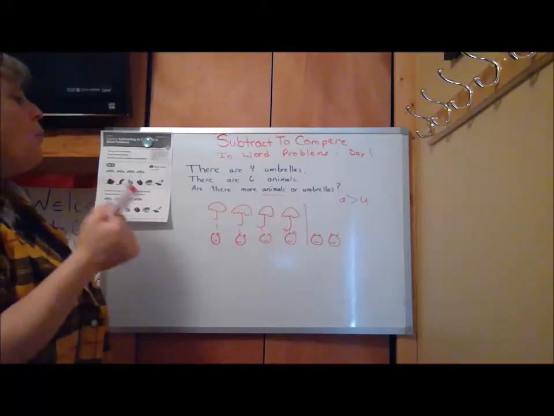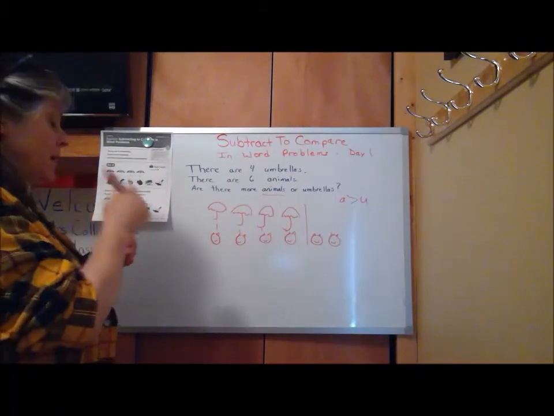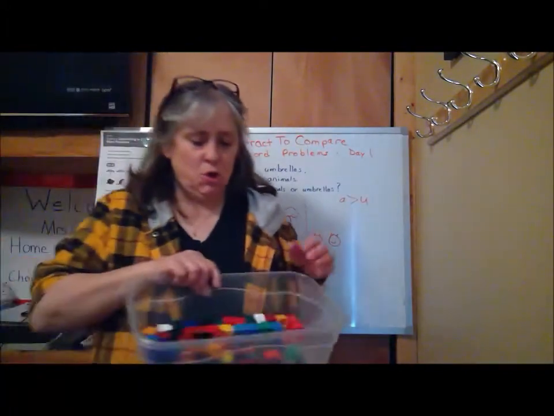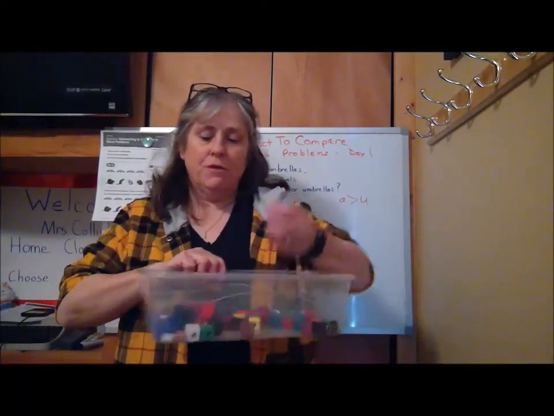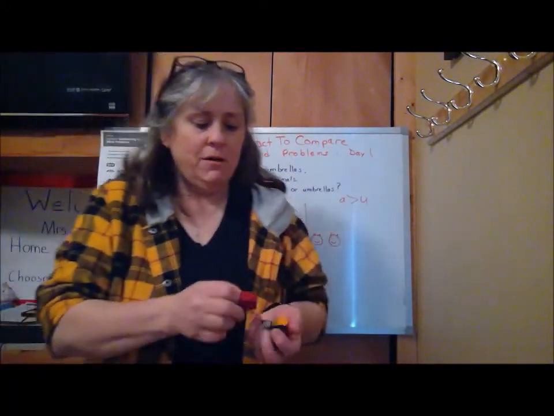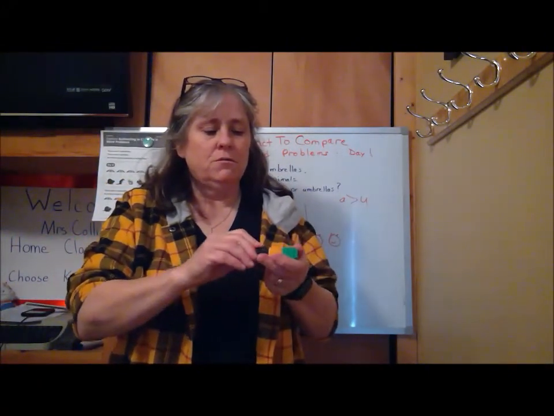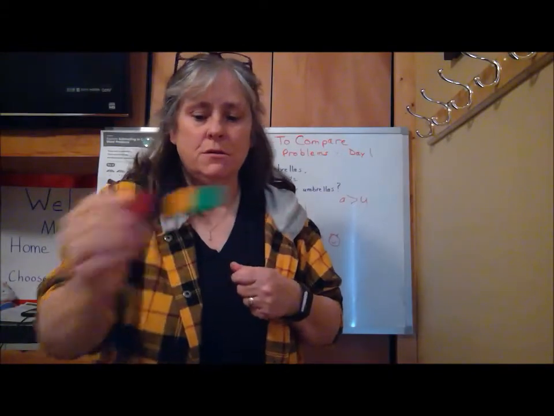Perfect. What if I didn't have anything to draw with, but I had these cool Unifix cubes? What if I had these? So I could do my umbrellas first, right? So I've got 4 umbrellas.